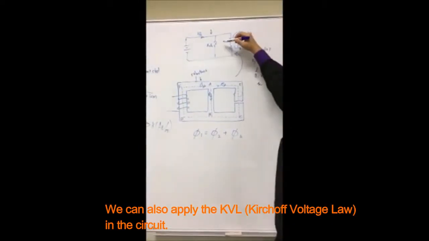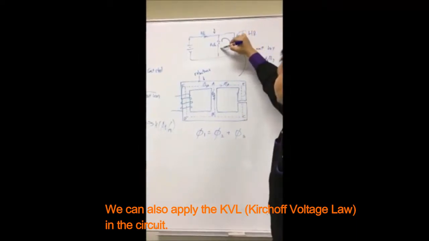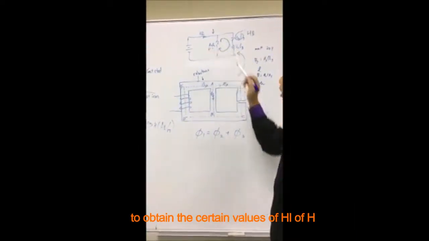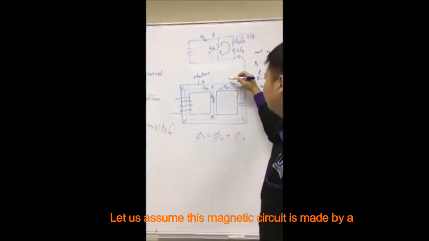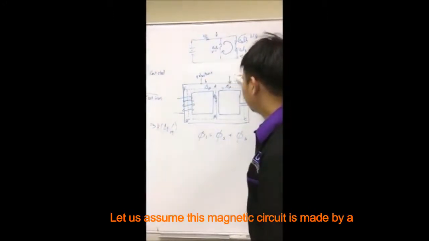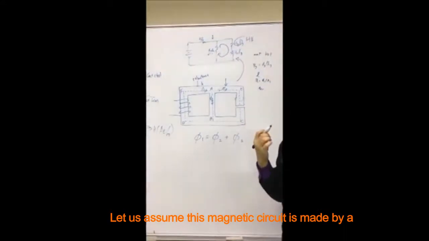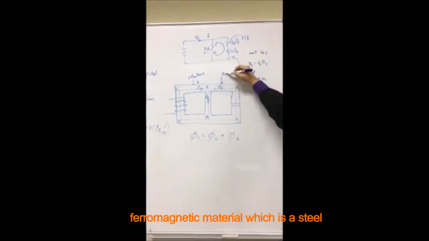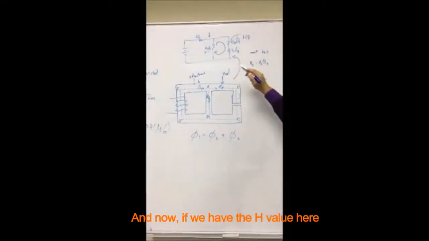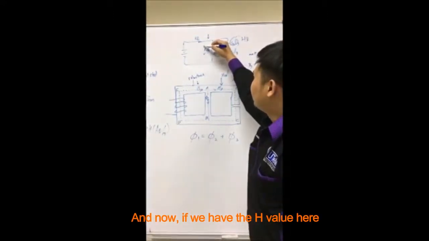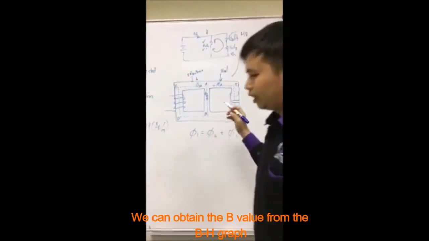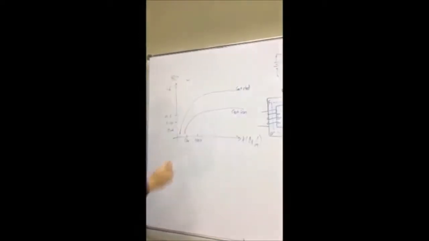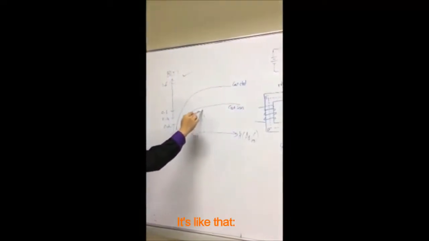We can also apply KVL in the circuit to obtain a certain value of HL or H. Let us assume the magnetic circuit is made of a ferromagnetic material, which is steel. Now, if we have the H value here, we can obtain the B value from the BH graph.